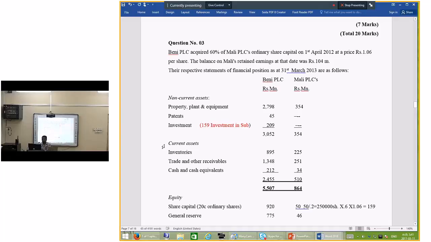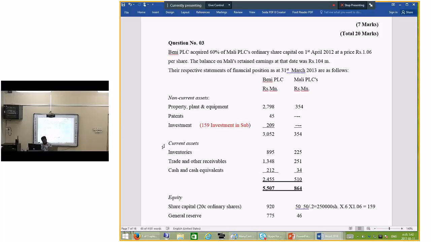Beni PLC acquired 60% of Mali PLC's ordinary share capital on 1st April 2012 at the price of 1.06. Why is the share price given? You can calculate what? The share price of the subsidiary on the acquisition date is given.